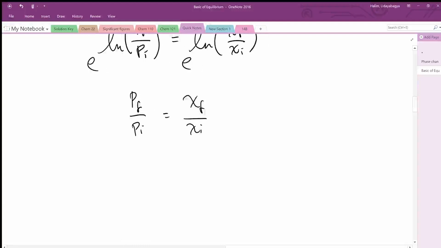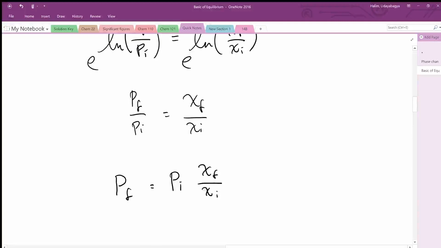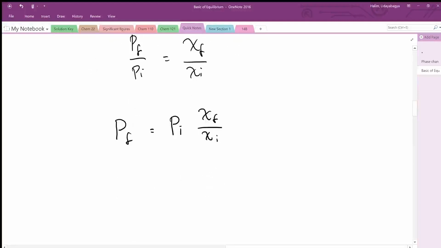So if I were to solve it for P final, this is going to be equal to P initial times the final mole fraction divided by the initial mole fraction. Well, remember our initial state is a pure vapor pressure as well as a pure liquid.